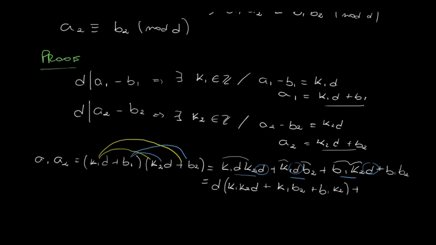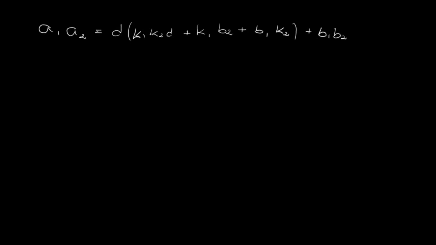And then we have the other term, B1 B2. We can now move this term to the other side, and we would have that A1 A2 minus B1 B2 equals D times all this number.